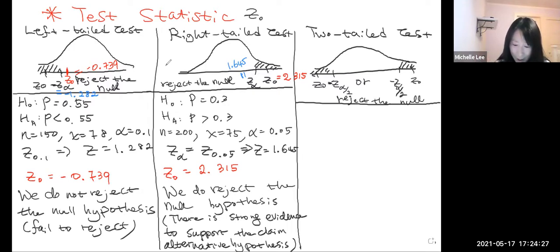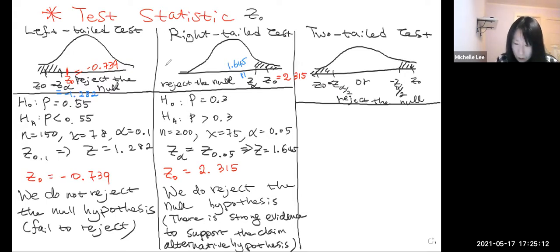Same concept. If the test statistic, Z naught, is more in the left tail than negative Z sub alpha over 2, or more on the right side than positive Z sub alpha over 2, then we reject the null hypothesis. So let us do this one, a two-tailed test.